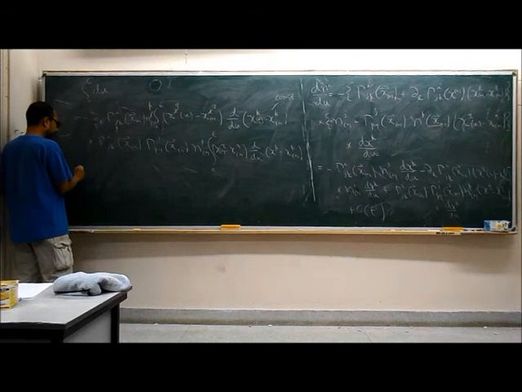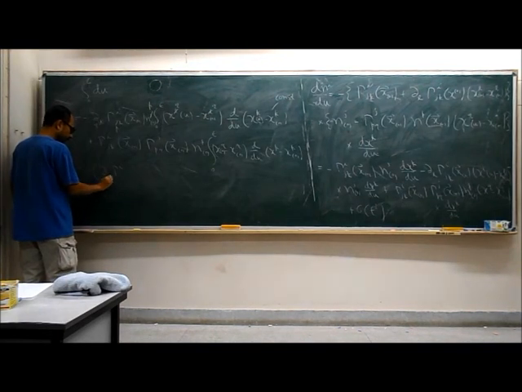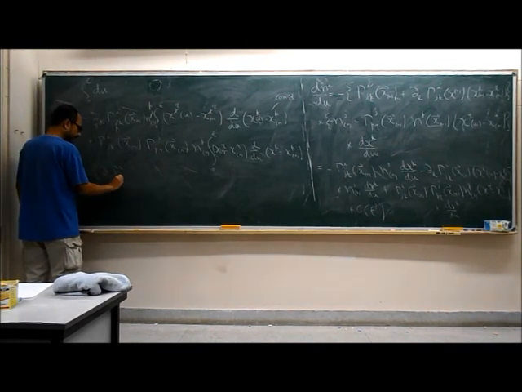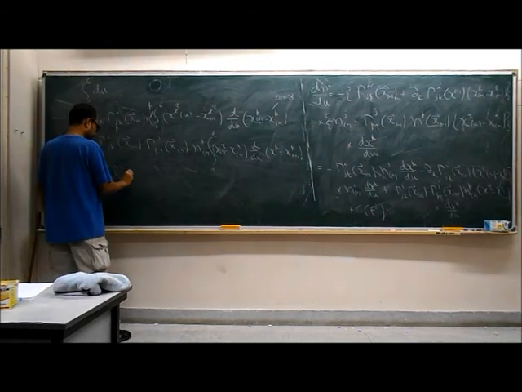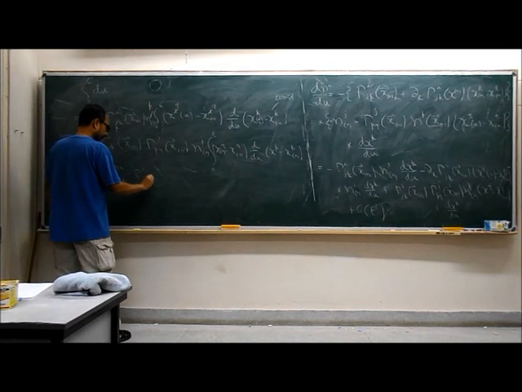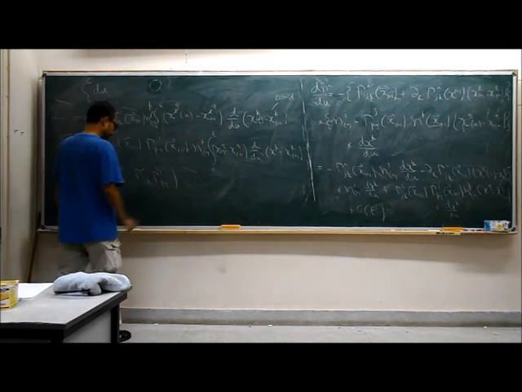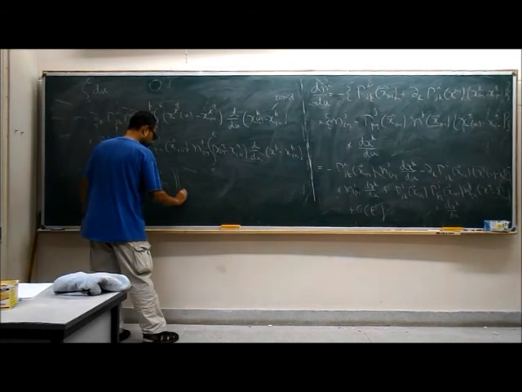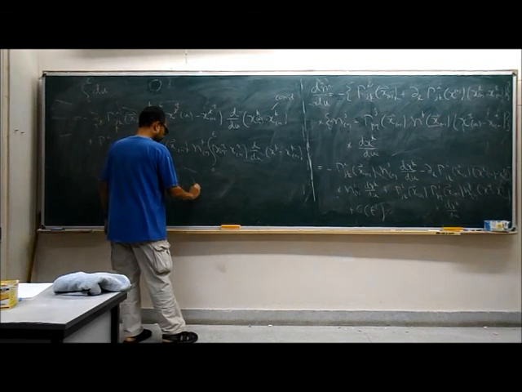So then we get minus del q gamma I k, plus minus gamma I j k gamma j q, n p naught.